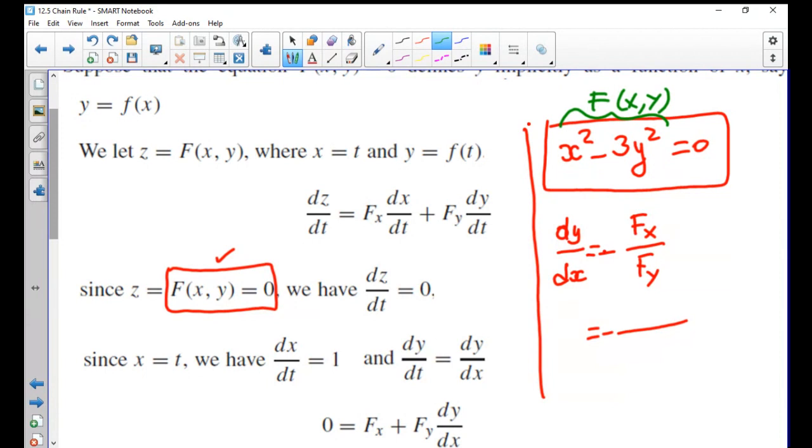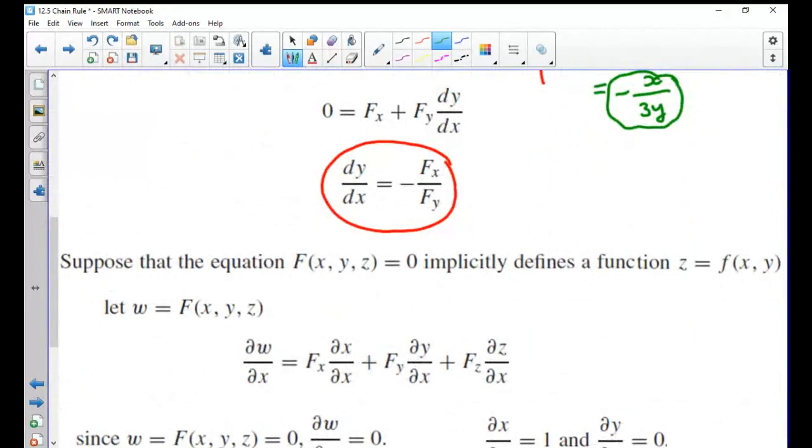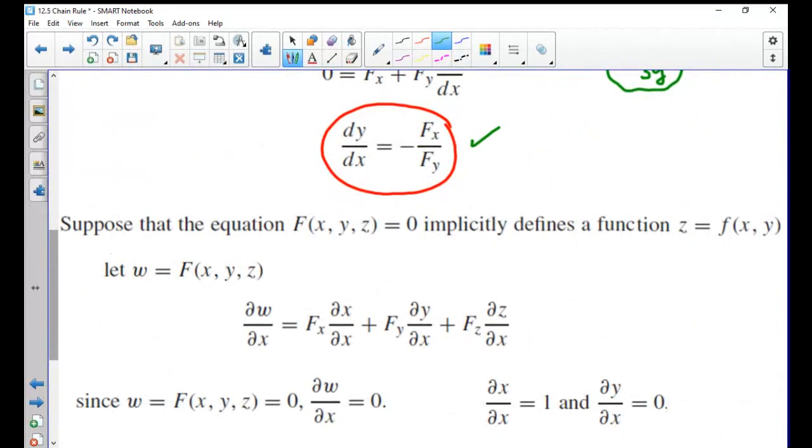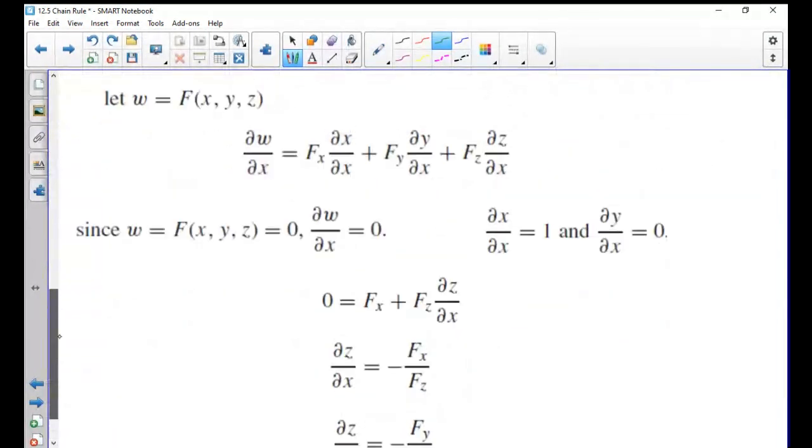If you differentiate this with respect to x, you will get 2x. And then divide that by f_y, which will be 6y. So the derivative of y with respect to x will be minus x over 3y. That is what we call implicit differentiation. This is the first rule you need to memorize here.